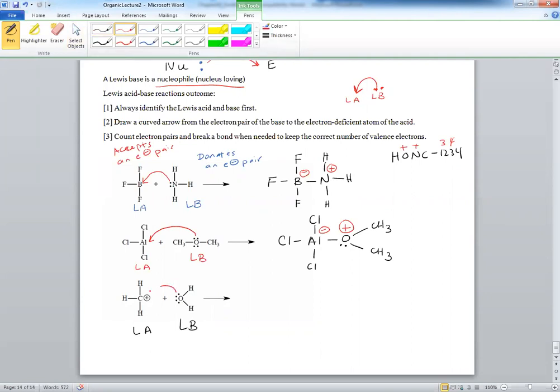So we go here. And our charge is positive because we have oxygen with 3 bonds. Now, what happened to C? C has 4 bonds, so it should be neutral.